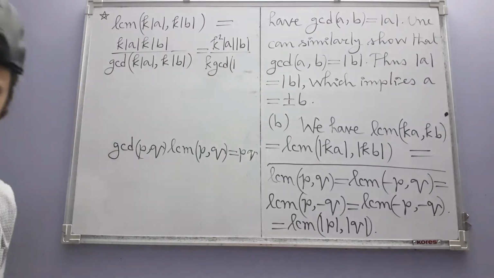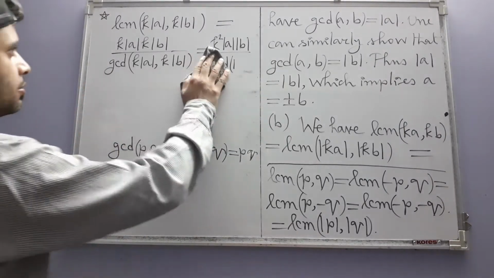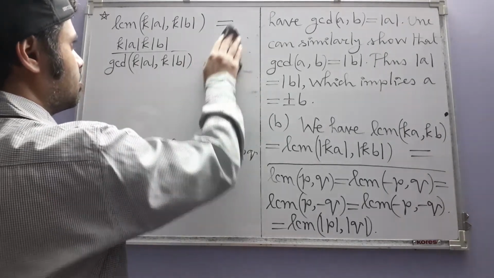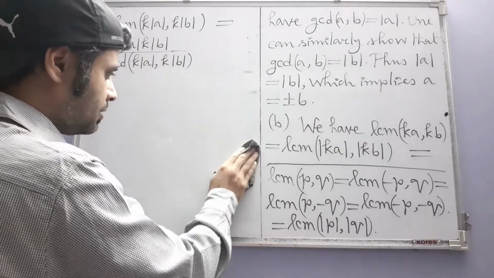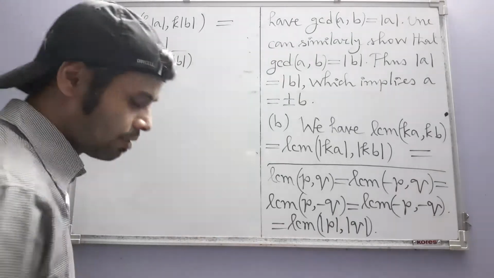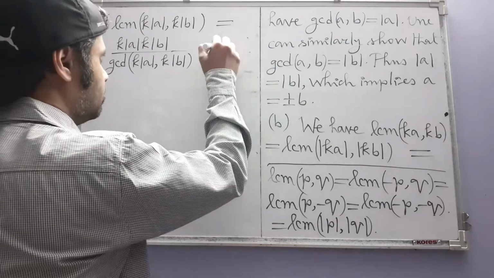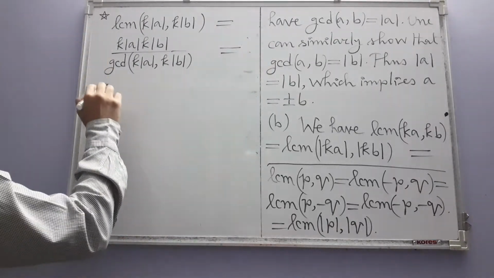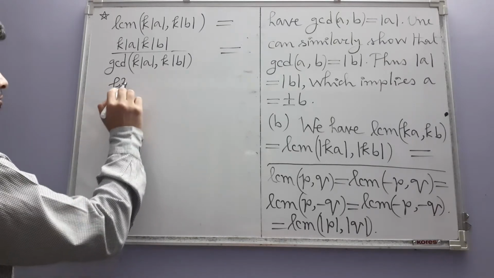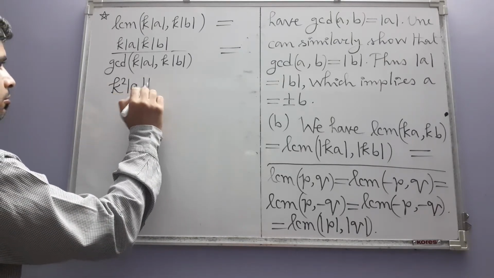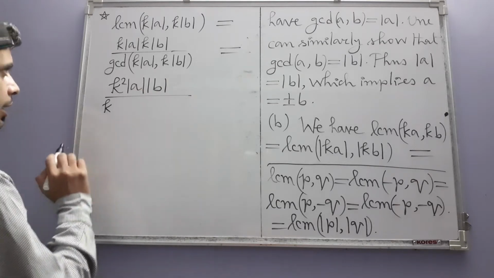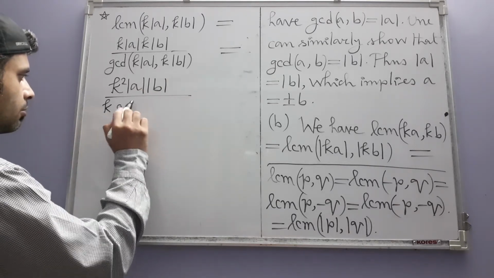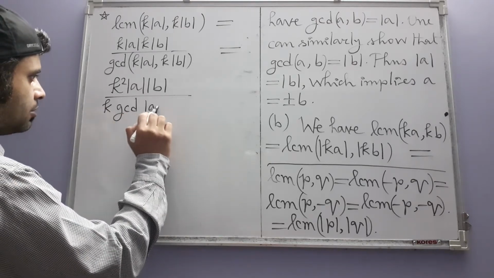Now you don't have space here. The way I have written these things, the spacing is awful, but anyway, what can I do? So K comes out and inside we are left with this.